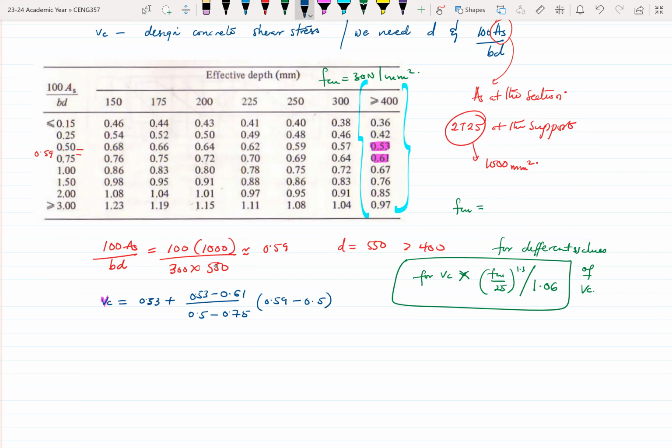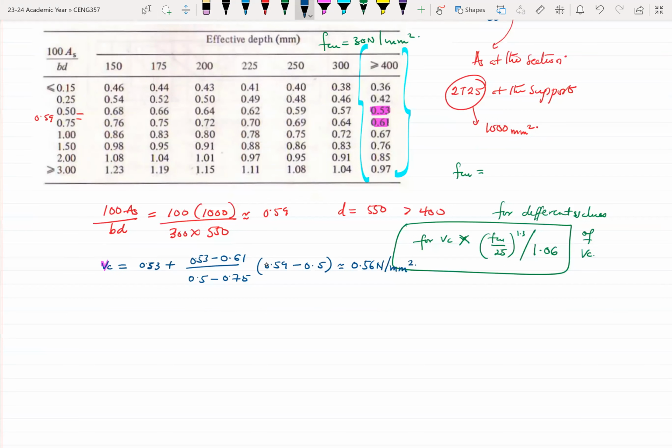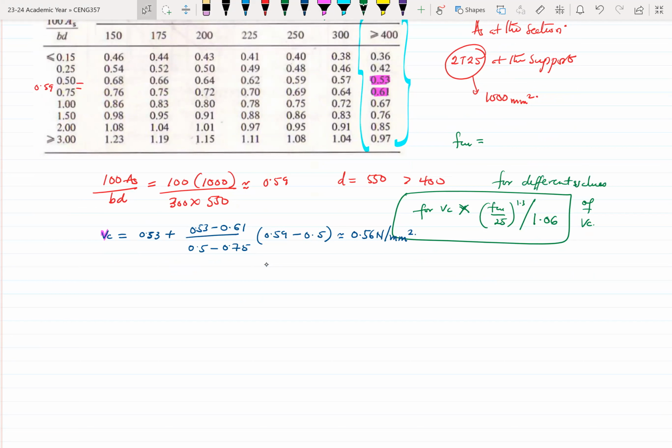So this should theoretically give us 0.56 newtons per millimeter square. You can always cross-check these numbers, right? So our design concrete shear stress, the small letter VC, is 0.56, right?